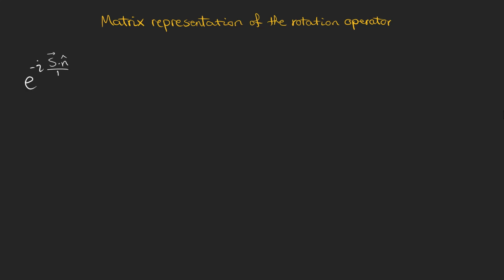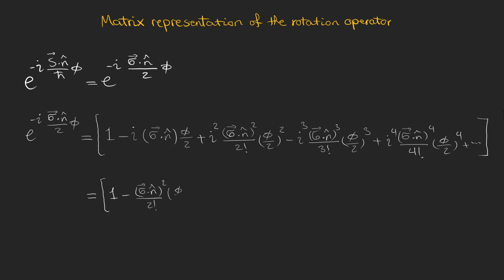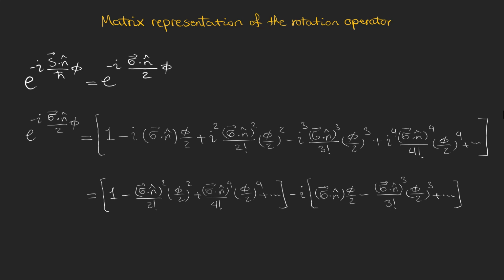Again, we start using this expression. Let's expand this exponential using different powers of the argument. We separate the real and imaginary parts. The real part consists of even powers of sigma dot n, and the imaginary part consists of odd ones.